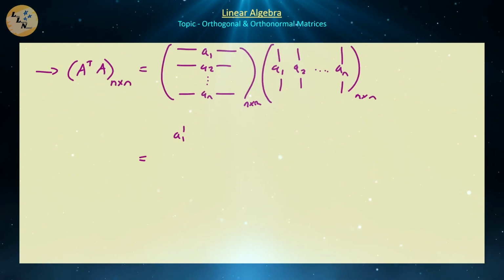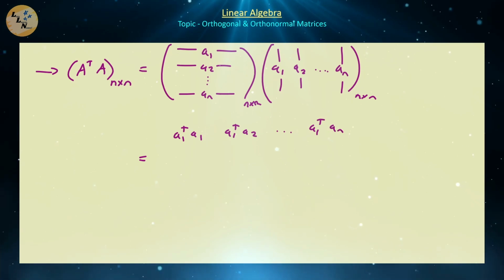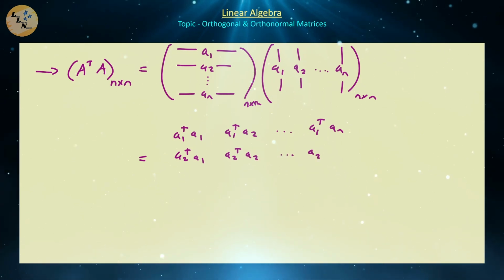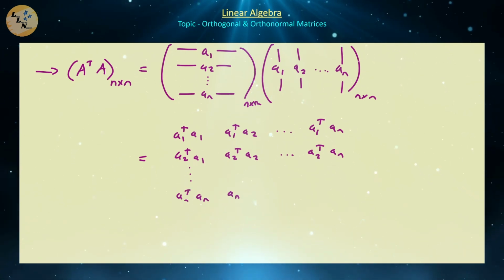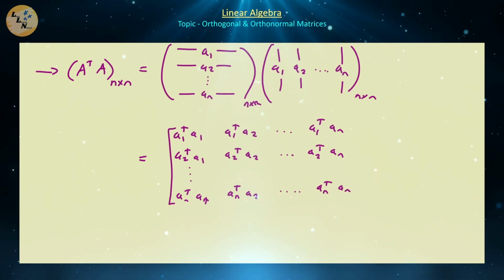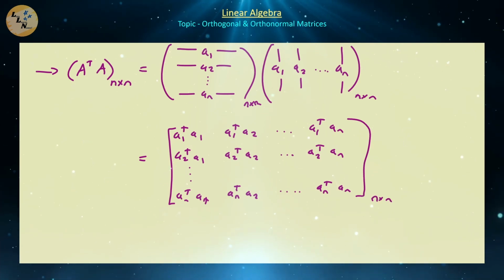So what does our n by n matrix look like? That's going to be A1 transpose times A1, A1 transpose times A2, all the way down to A1 transpose times AN, and then A2 transpose times A1, A2 transpose times A2, all the way down to A2 transpose times AN. This continues all the way down to AN transpose times A1, AN transpose times A2, all the way down to AN transpose times AN, and that's going to be our n by n square symmetric matrix, right?